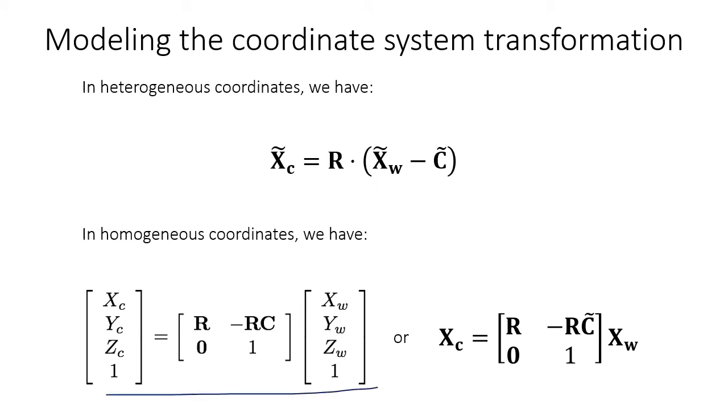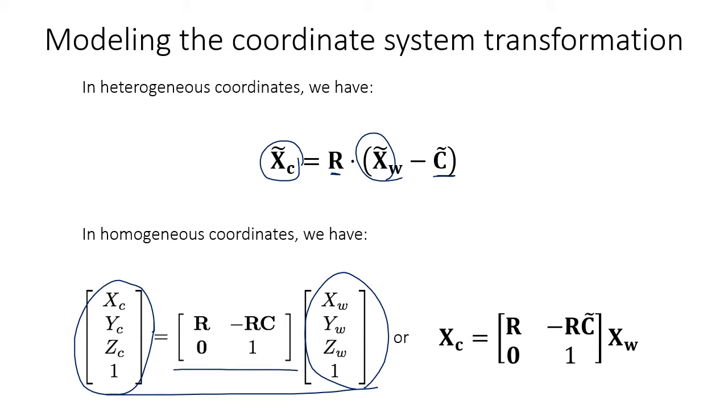We can write this 3 by 1 matrix as a 4 by 1 matrix, and this R and this C tilde can be written like this.